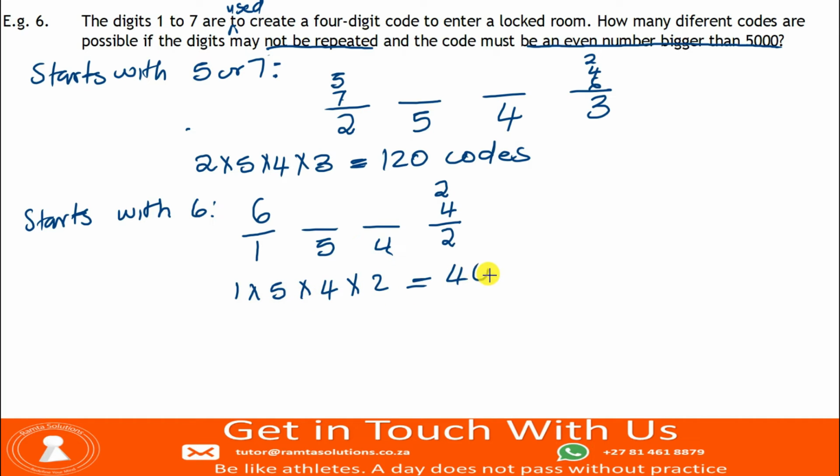So you can only have 40 codes, right? So the total codes that you can make is 120 plus 40, which is 160 codes. You can only make 160 codes with these numbers when you want a code that's bigger than 5,000 and an even number. Okay, perfect.